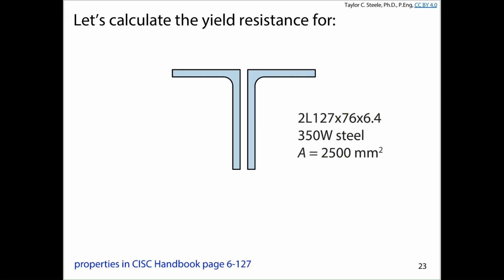It's 350W steel, has a cross-sectional area of 2,500 millimeters squared. What do we do here? Do we take a certain number and multiply it by another one, maybe? I can stand here for a couple minutes before someone says it. Someone's got to know how to calculate the yield strength of something in tension, right?